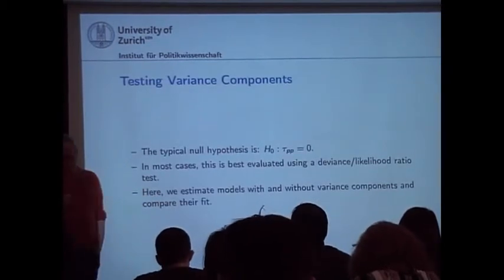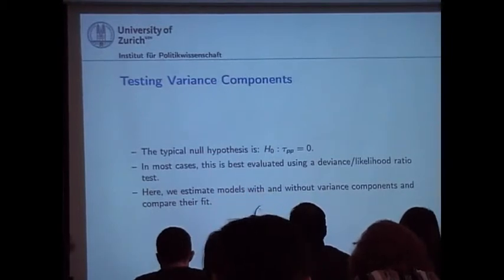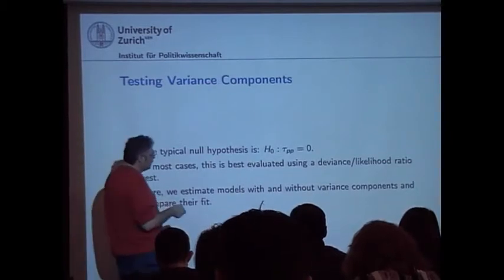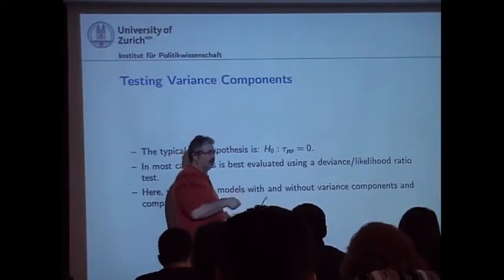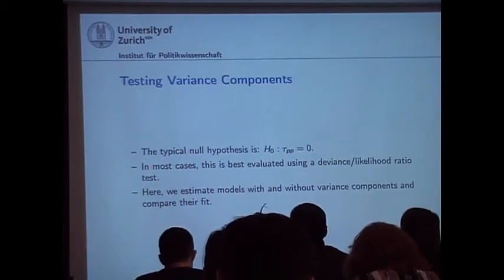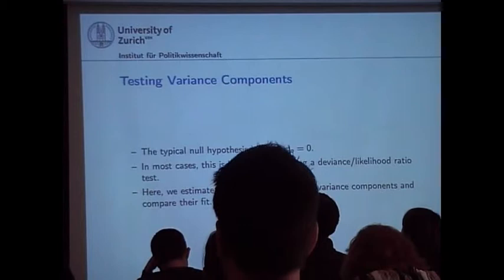Now, on the variance components, the testing is a little bit more complicated. Here, the typical null hypothesis is that a particular variance component is 0. You probably want to evaluate that using the likelihood ratio test, sometimes also known as a deviance test, where your strategy is this.